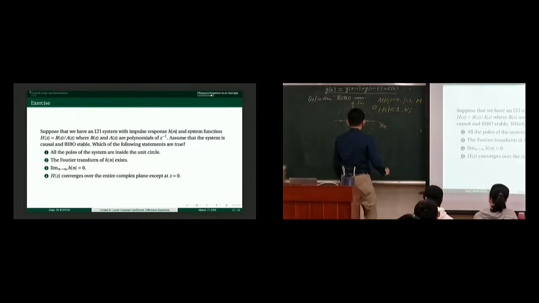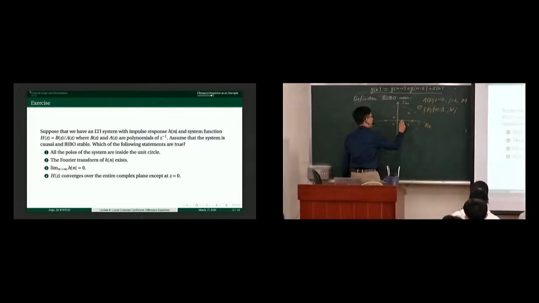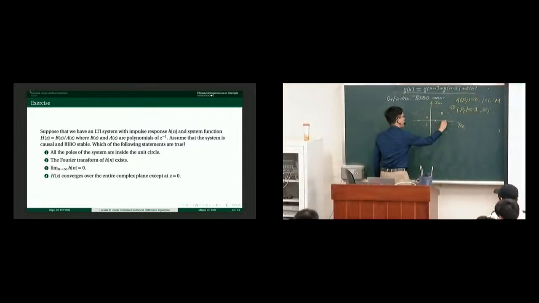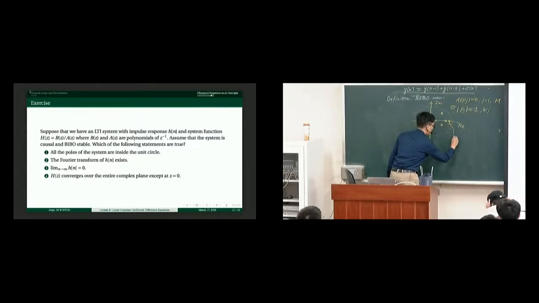The region of convergence: you need to find among all the poles which one is the farthest away from the origin, the max of |Pj|. Then the region of convergence is outside that circle.